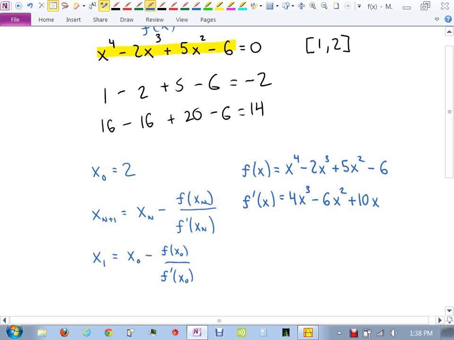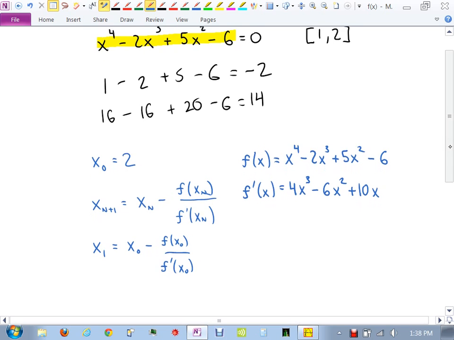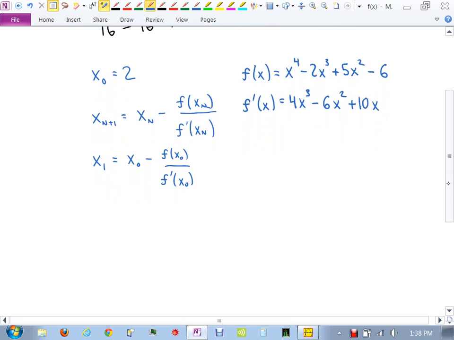So we're going to plug in 2 to start, right? So 2 minus f of 2 over f prime of 2, which is 2 minus, now f of 2, didn't we do that a second ago? It was 14.